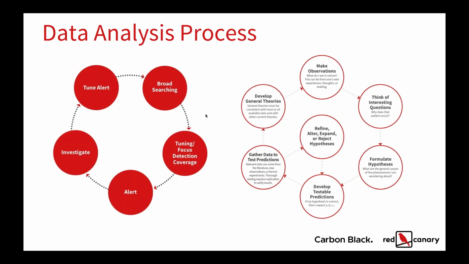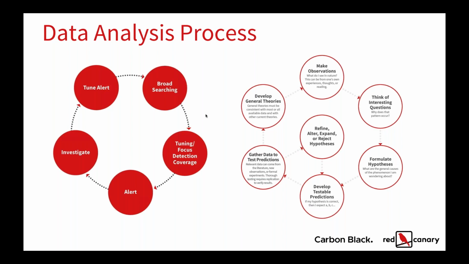I recently wrote a blog post on Carbon Black Response in Splunk and a little bit about how I do data analysis within Splunk. In this particular case, the right-hand side is the scientific model. Threat hunting is very much similar to that. On the left is the one I've generated. Generally, in my experience, you're doing some very broad searches. You're trying to understand what's normal, what's not normal on an endpoint.